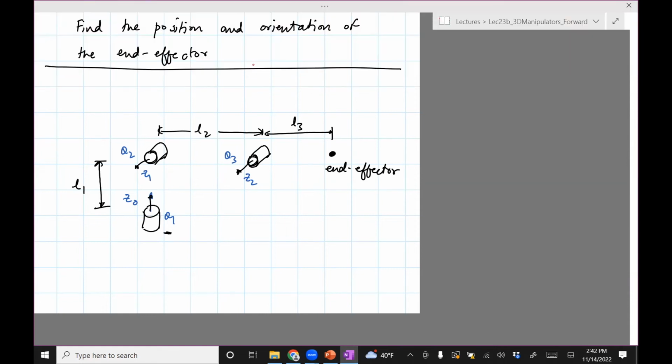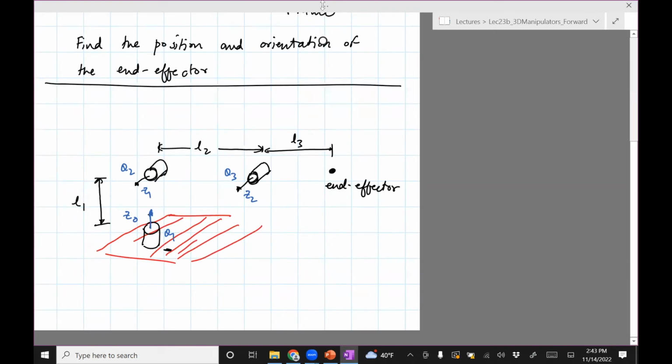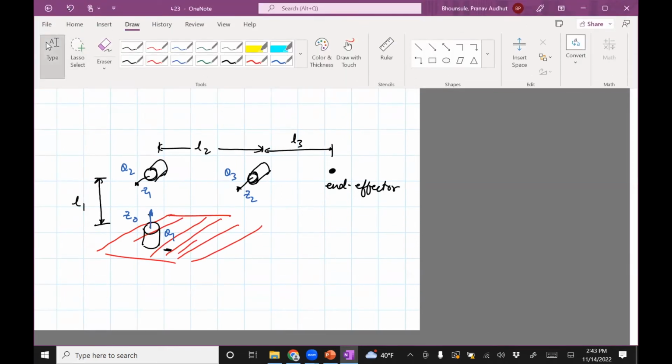Okay, next, let's assign the frame X0, Y0. So this is the base frame. So I'm on 1B. Assign the base frame O0, X0, Y0, Z0. The Z0 has already been assigned, as you can see. Assign X0 arbitrarily. So we have a choice to assign X0 arbitrarily. Now, the only thing you want to do is you don't want to assign X0 along Z0, right? So you want to assign X0 in any plane which is at right angles to Z0. That's all you need to be careful about. So I've drawn that, but let me erase that just to remove clutter.